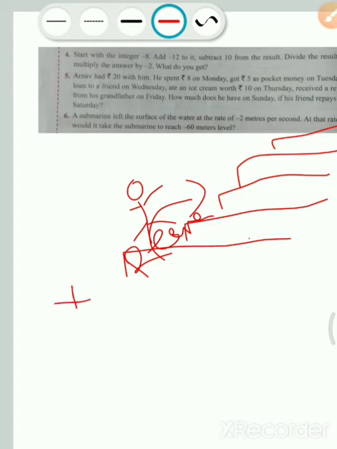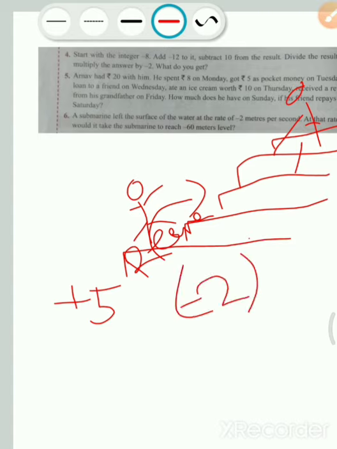That means she climbed 5 stairs in each and every second, and then climbs down. While she climbs down, it will be represented by negative, so it will be minus 2, over the next second.